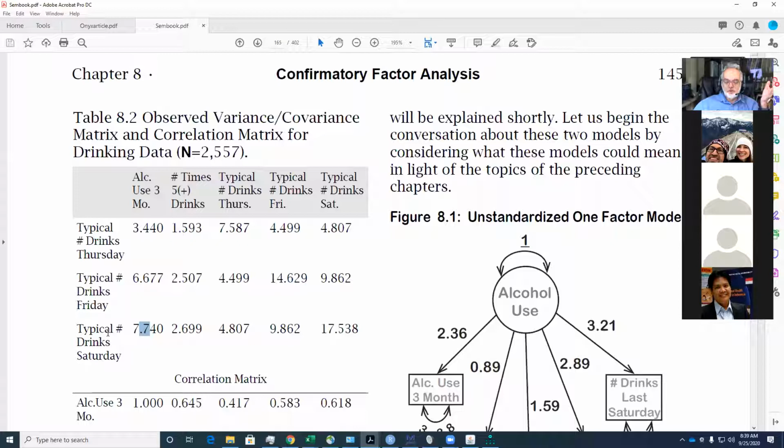So if you're thinking about a lazy way to do this, the formula is always the number of variables plus 1 times the number of variables in your study divided by 2. So 6 times 5 is 30, divided by 2 is 15.